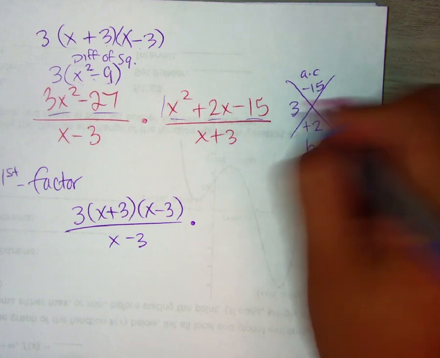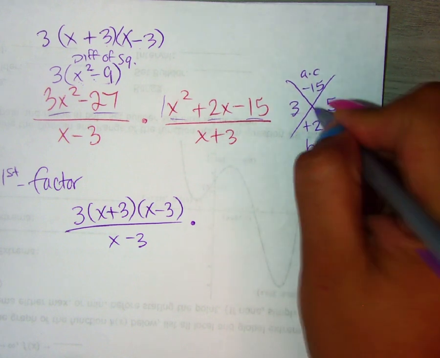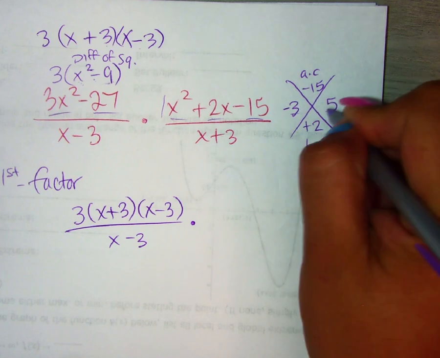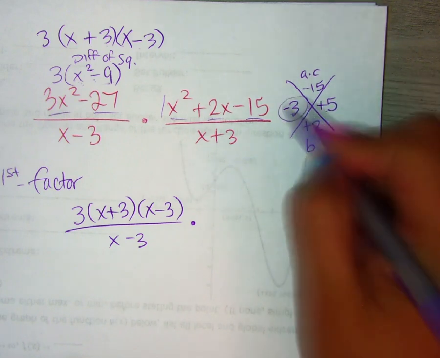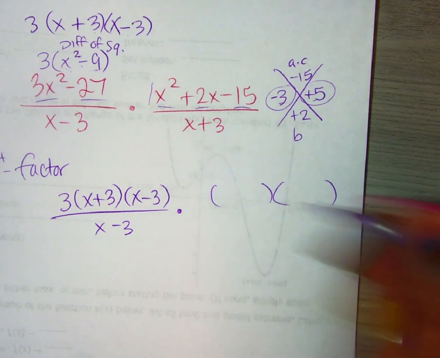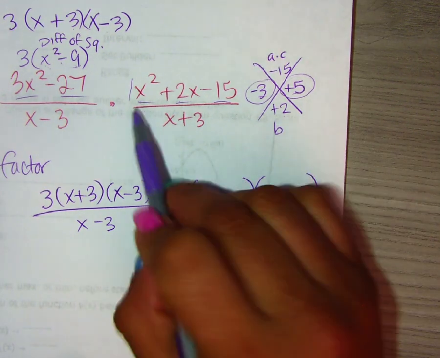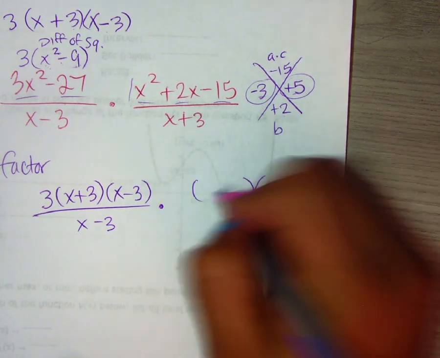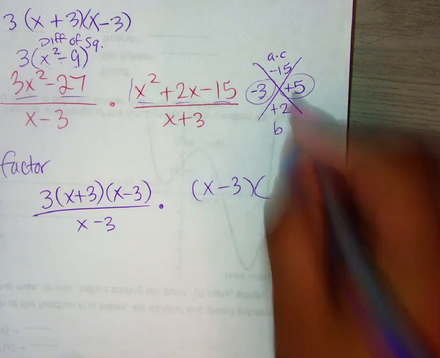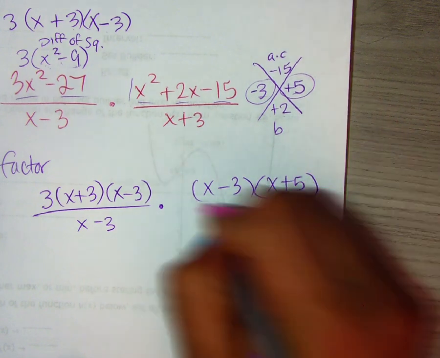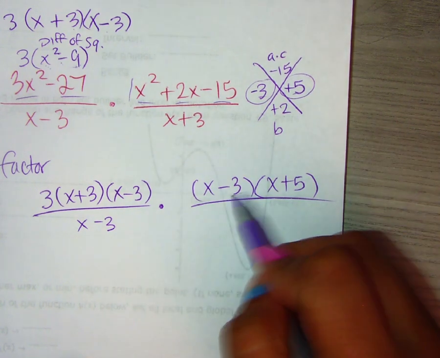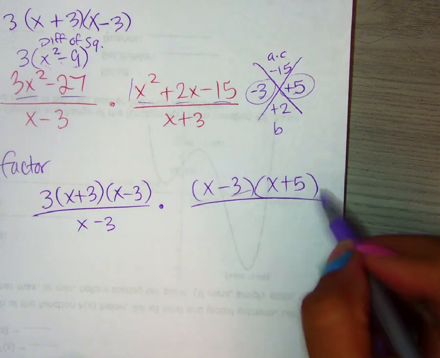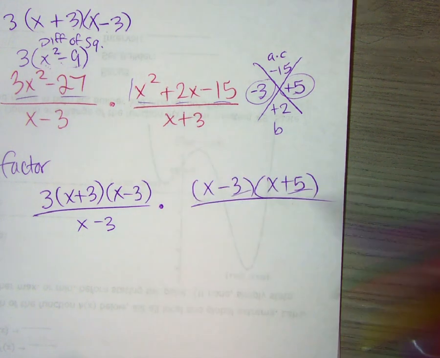That's 3 and 5, and to get a 2, we need 5 minus 3. These numbers are the ones that will go in our binomial factors. When a is a 1, we just write x minus 3 and x plus 5. Technically you're dividing these numbers by your a value, but when it's 1, they stay the same.